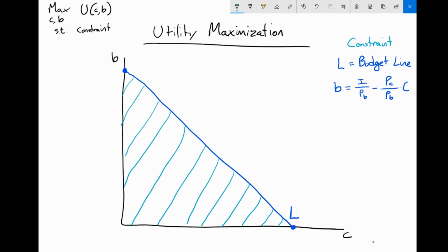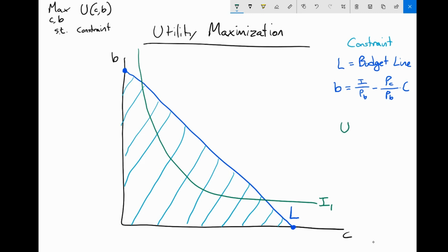They show all the possible combinations of, in this case, bagels and coffee that give the agent the same amount of utility. So let me just draw one. So let's say this is an indifference curve. This indifference curve, we'll use the letter I, we'll call it I1, represents all the possible combinations of bagels and coffee that would give the agent some identical level of utility.